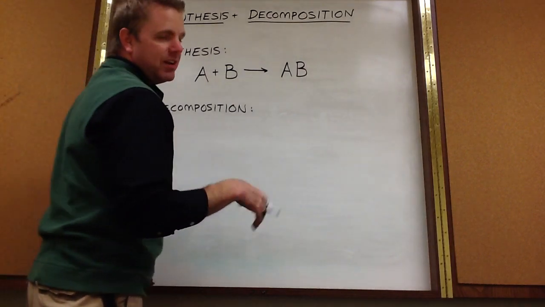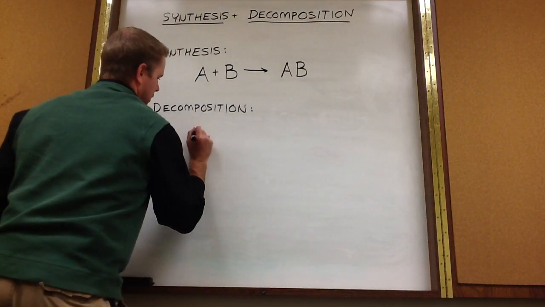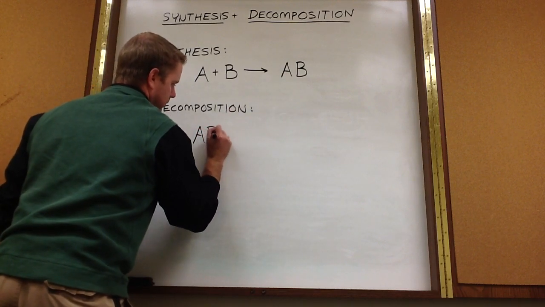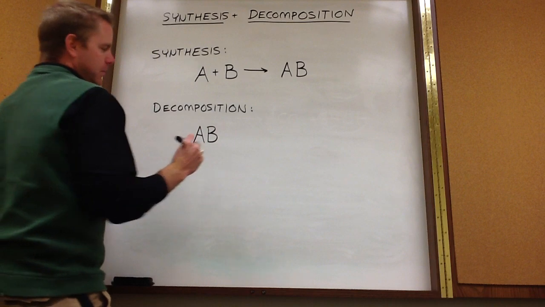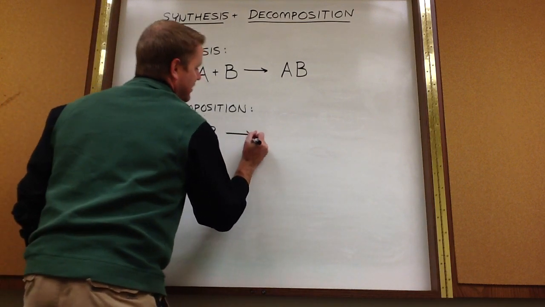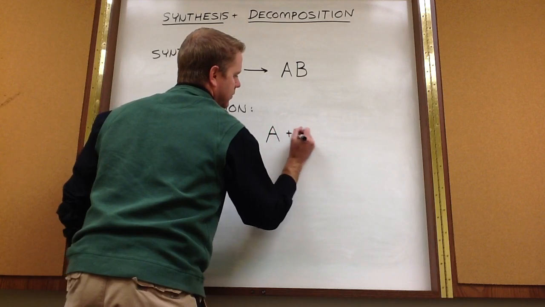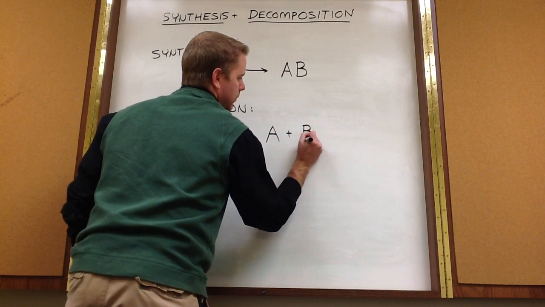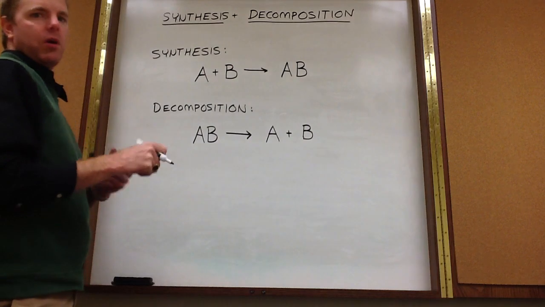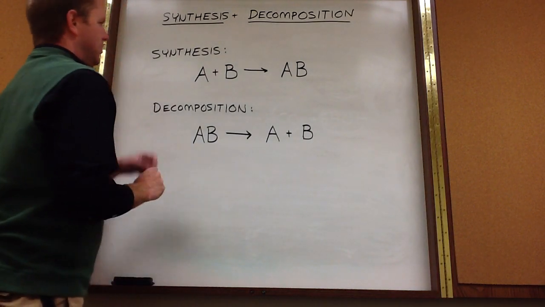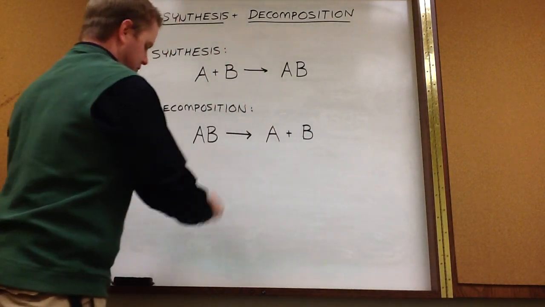Now, decomposition is the exact opposite. You have that substance AB, a compound, and that compound breaks down into its individual pieces, A plus B. Hopefully that makes a little bit of sense. Synthesis, we put them together. Decomposition, we break them apart.